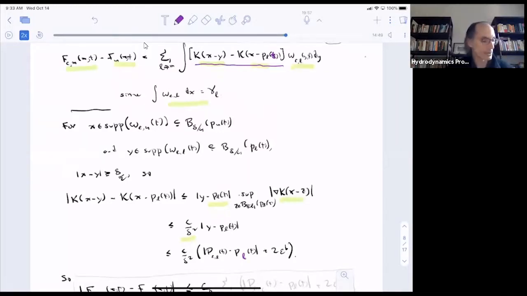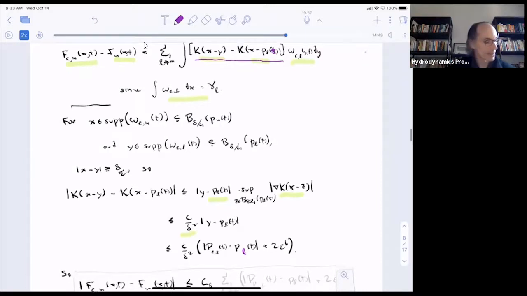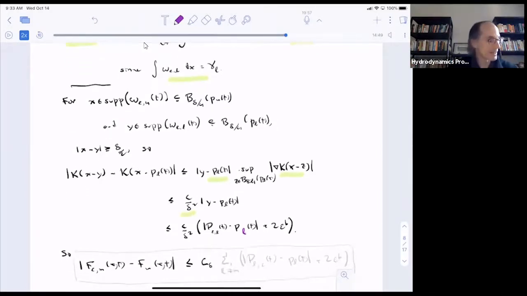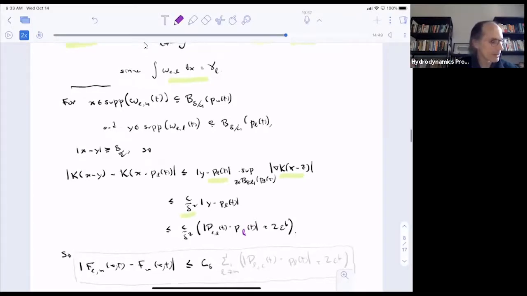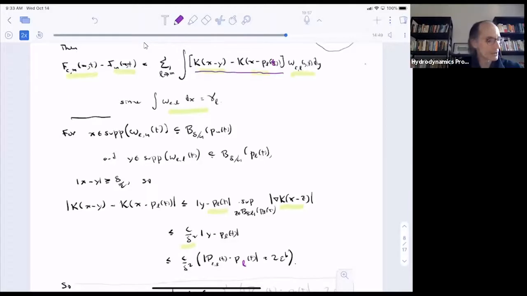I know that every point in the support of the ELF blob is close to the ELF capital P, and so we already have this estimate from above that y minus capital P is of order 2 epsilon of the B. Okay, and so then the conclusion is that if I combine, I have this expression up here for the difference of the background field in the PDE and the point vortex ODE, and that involves this integrand.